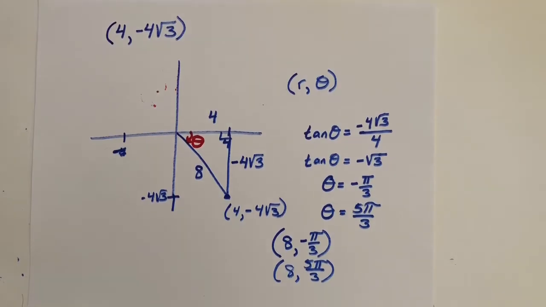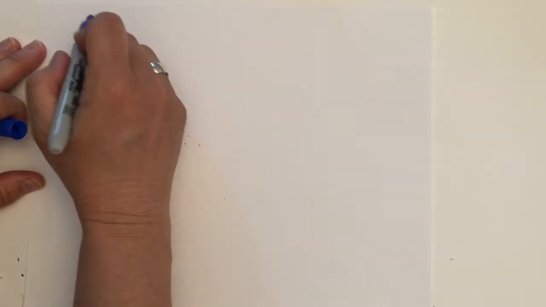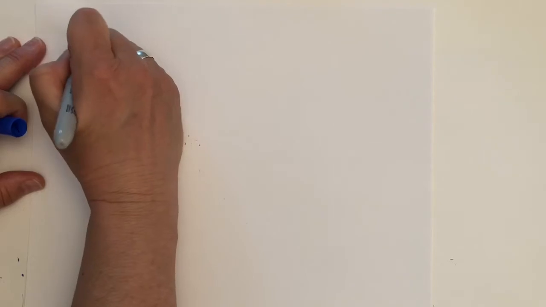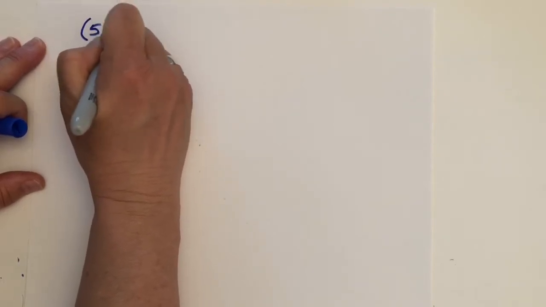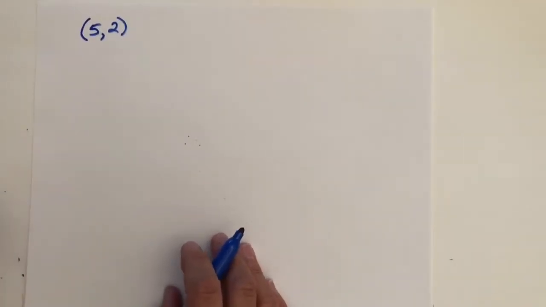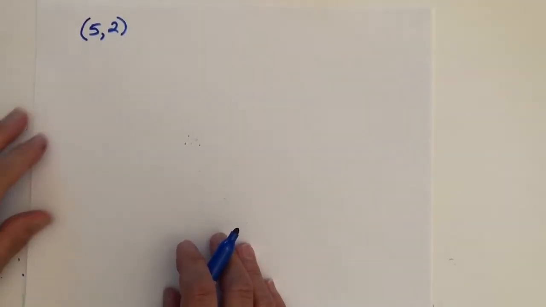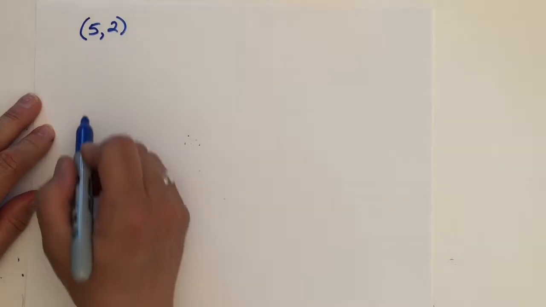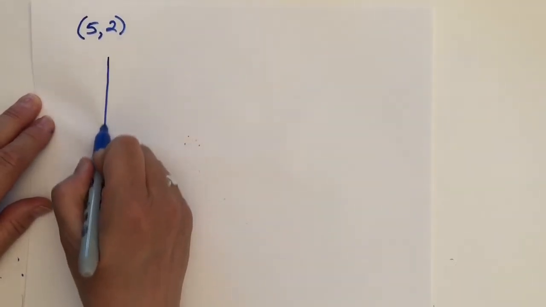Let's do another one. Let's say the ordered pair is (5, 2). So here's our point with rectangular coordinates. Our task is again to find it in polar coordinates. I'm going to draw the picture.